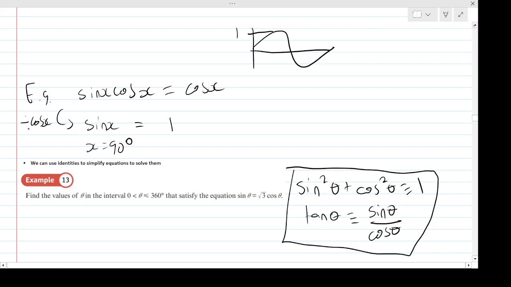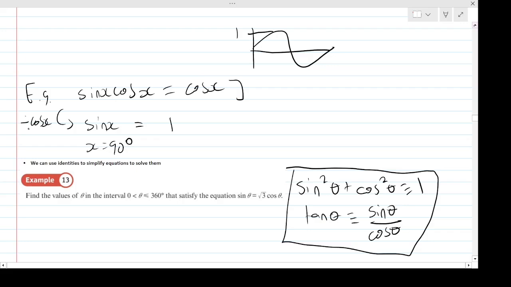However, the problem is that you need to be so careful if you're dividing by sine, cos or tan, because you might be missing a solution. This is why I say you need to try and factorise first before you resort to dividing by stuff.